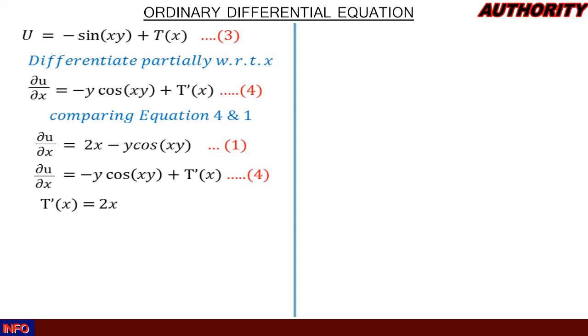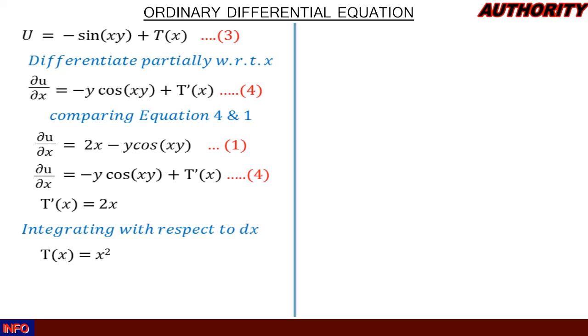So we remove the derivative by integrating with respect to x. We say the integral of t prime of x dx is equal to the integral of 2x dx. So when we integrate, it's going to give us 2x squared all over 2, equal to what? x squared. 2 cancels 2. So we say that t of x is equal to x squared.